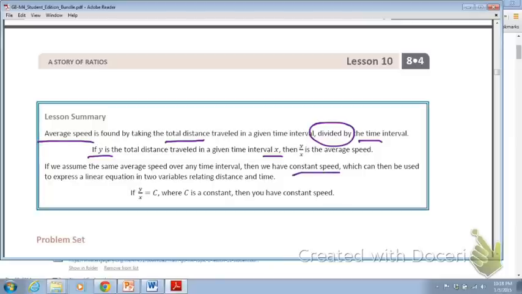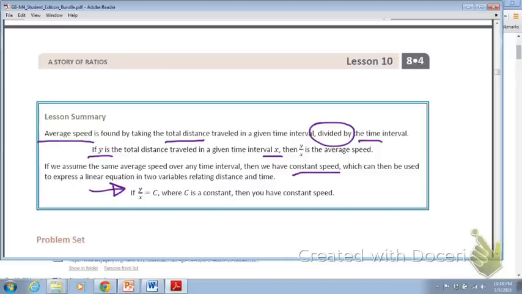So that means the average speed is the same over any time interval. So we can use it to express a linear equation. So if we've got y over x is equal to c, where c is a constant, I'm reading right here, then we have constant speed, and we can write this linear equation in 2 variables.